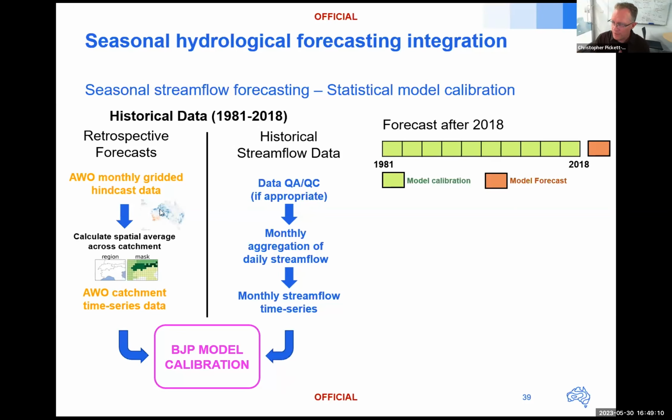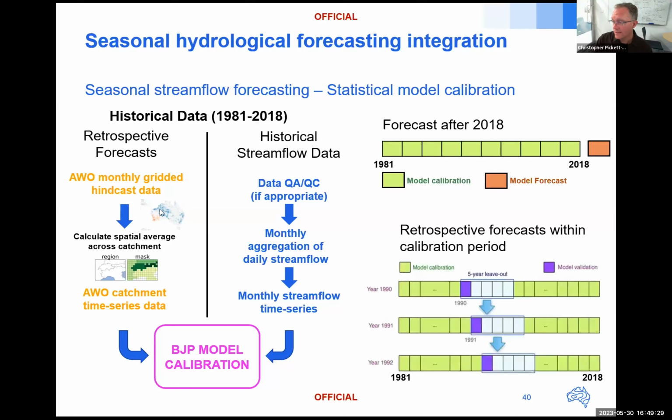That works. But one of the most important things we need to be able to do is demonstrate our forecast skill. And we do that by generating forecasts in the past. In this case, what we want to do is generate past forecasts of streamflow. Within those, we can generate forecast skill metrics, and we can analyze those metrics. Just very quickly, if we want to do this, it's a bit complicated.